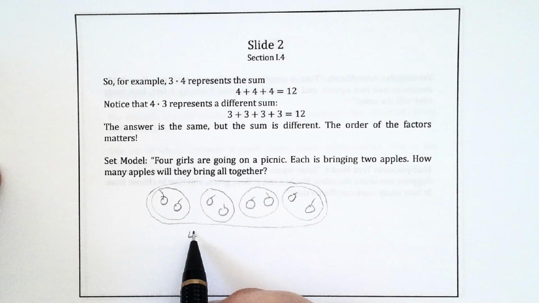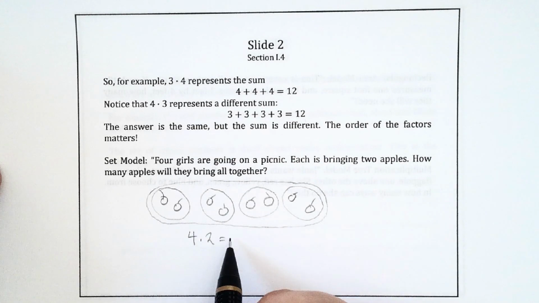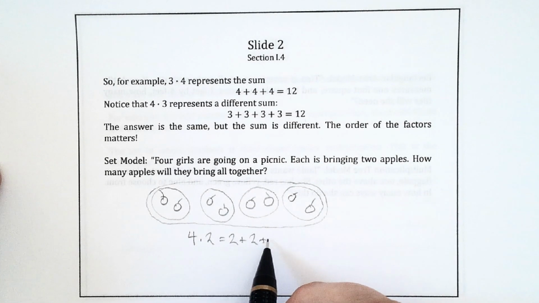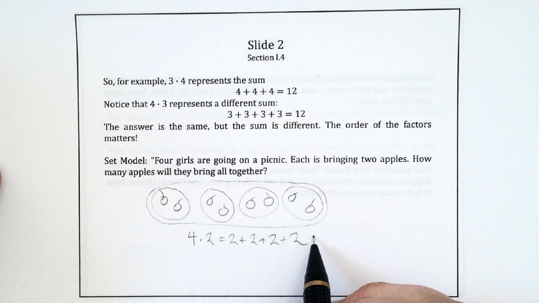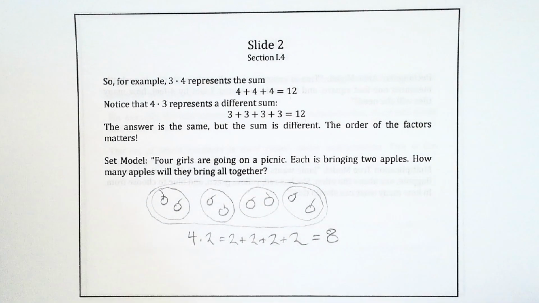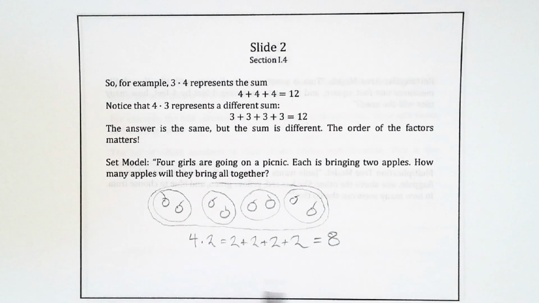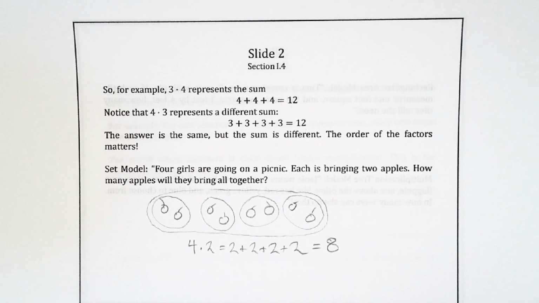So this represents 4 times 2, which is 2 plus 2 plus 2 plus 2, which of course is 8. Okay, but the order of the factors matters. Remember that. If I were to ask you to illustrate 4 times 2, and you were to draw or explain 2 groups of 4 instead of 4 groups of 2, then you wouldn't get it correct.